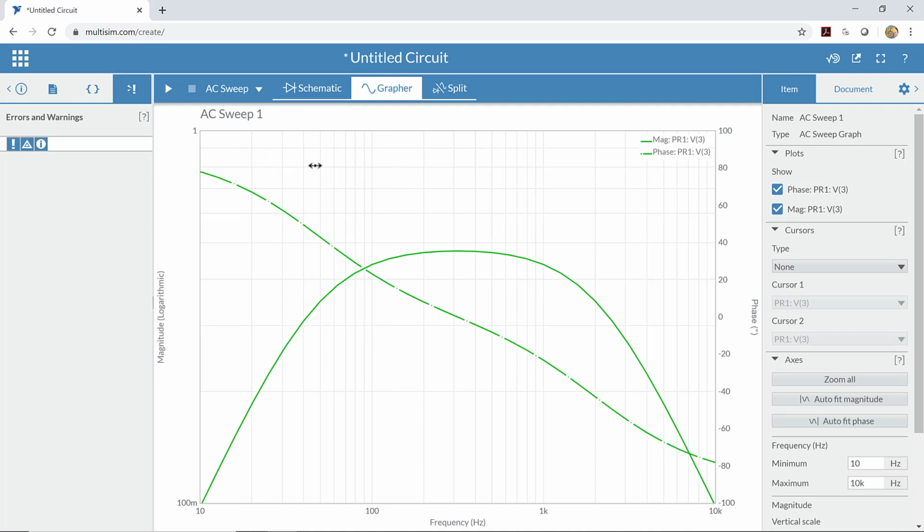There we go. So now, when we run the simulation, we can get rid of the phase. And now we can see that we have a nice bandpass filter. It allows the frequencies in the middle to pass through, but it blocks out or absorbs the frequencies above and below this band of filters. Okay, so that's looking pretty good. So that's how we can create a bandpass filter in Multisim.